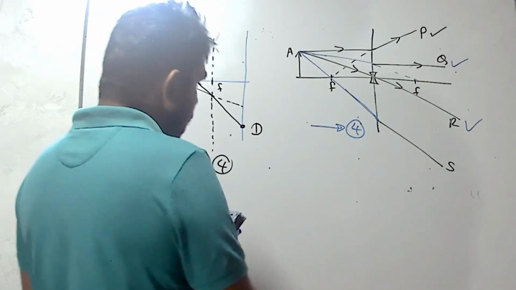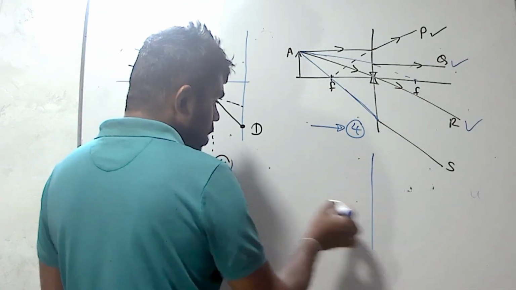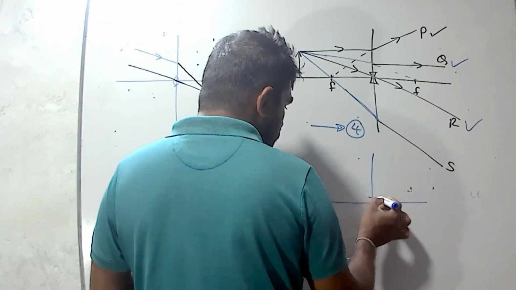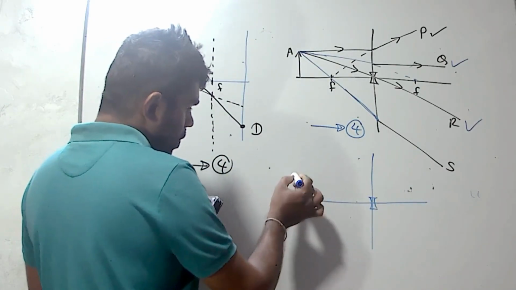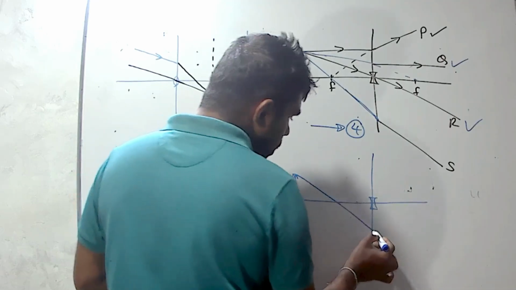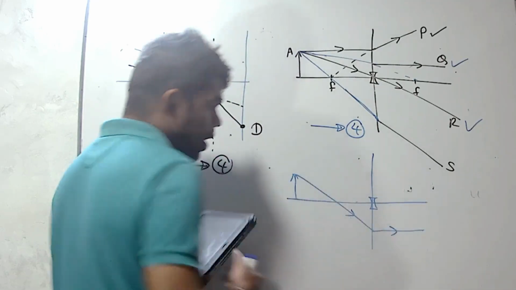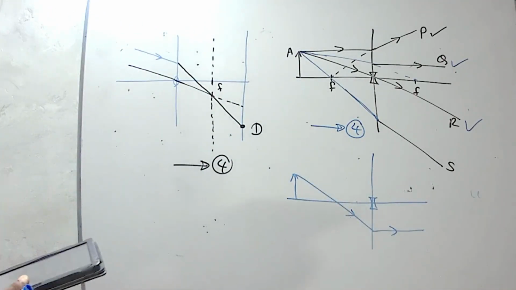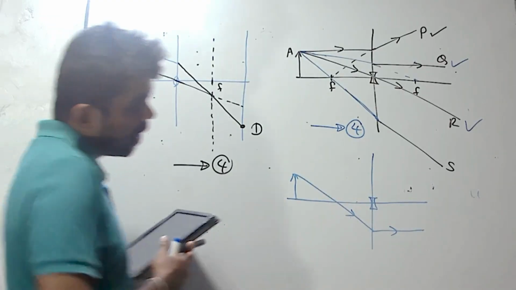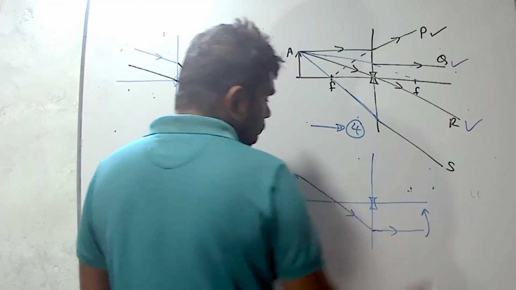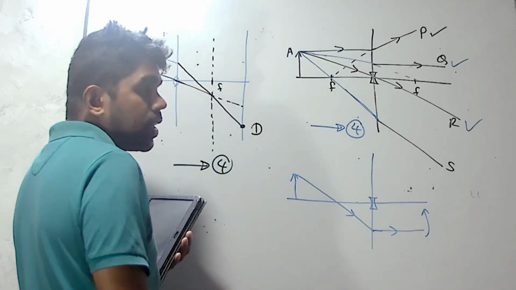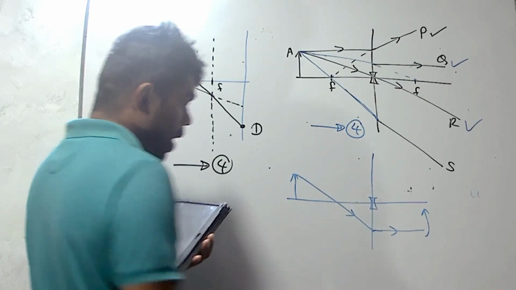We can identify when considering the ray E. It is like this. But we know that we can't see the refraction towards the main axis by using concave lenses. Then E is incorrect.